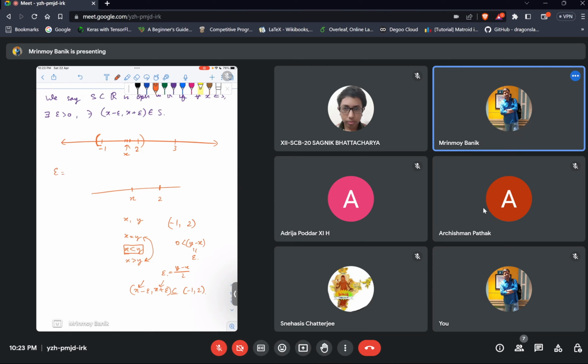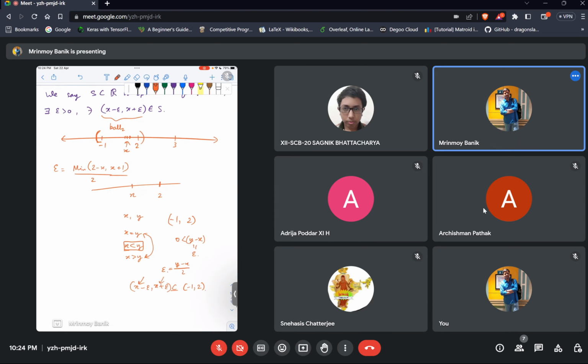Epsilon is basically the minimum of 2 minus x and x plus 1, divided by 2. If we take this epsilon, then we are always guaranteed to get a ball. These small open intervals are called balls. We will get a small ball around x, which will be totally contained in S. So that's why you can show S is open from this definition.